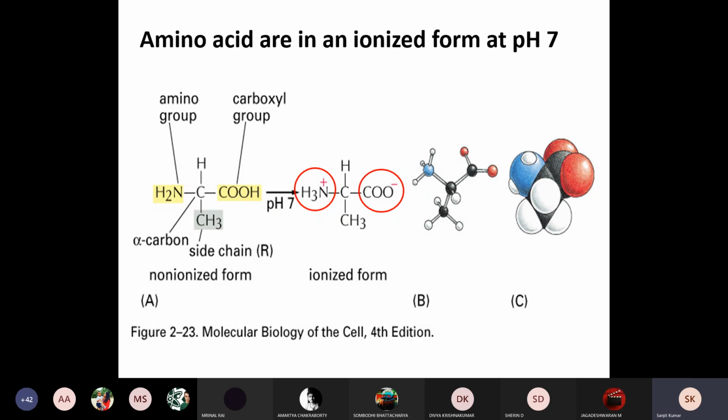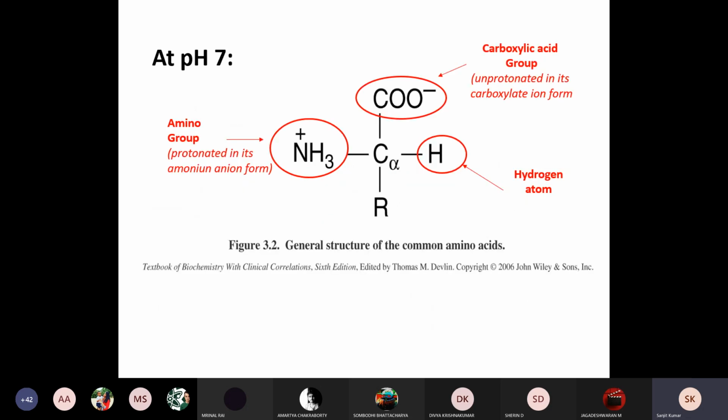I'm not going to discuss much about this amino acid in its hydrolyzed form. I'm just going to discuss the behavior of the amino group, protonated in its cationic form, and the carboxylic group, unprotonated in its carboxylate ion form.